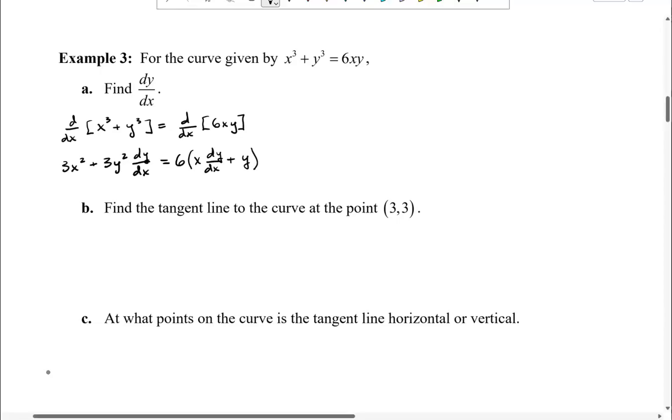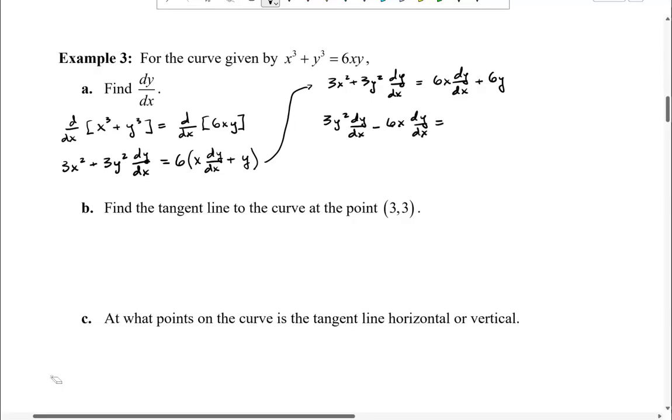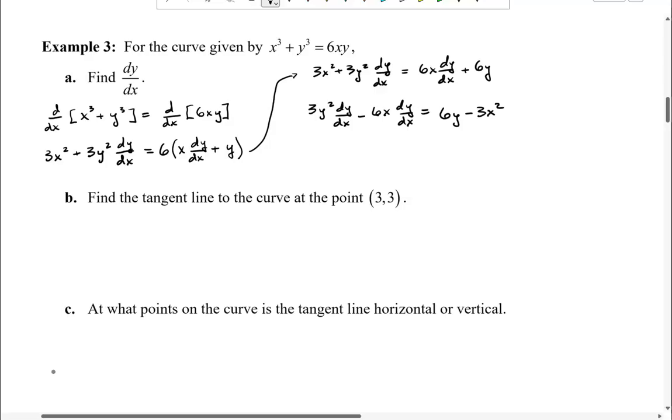which is just 1. Now we'll go ahead and distribute the 6 and then get all the terms with dy dx on one side of the equal sign and all the terms that don't have dy dx on the other side. Now factor out dy dx.